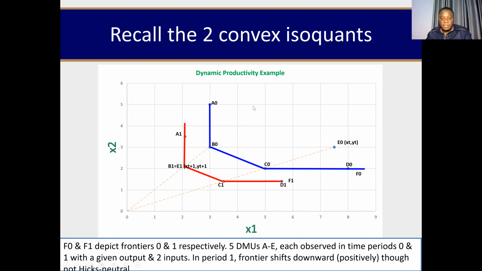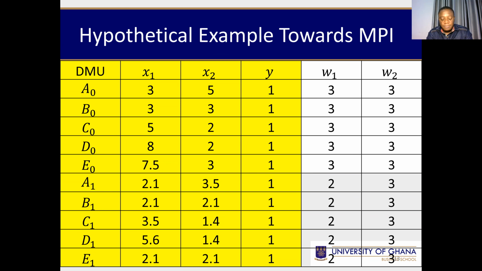So we'll have 2.1 lambda A1 plus 2.1 lambda B1 plus 3.5 lambda C1 plus 5.6 lambda D1 plus 2.1 lambda E1, which is less than or equal to 2.1 theta, since we are working for the firm E, the DMU E1.